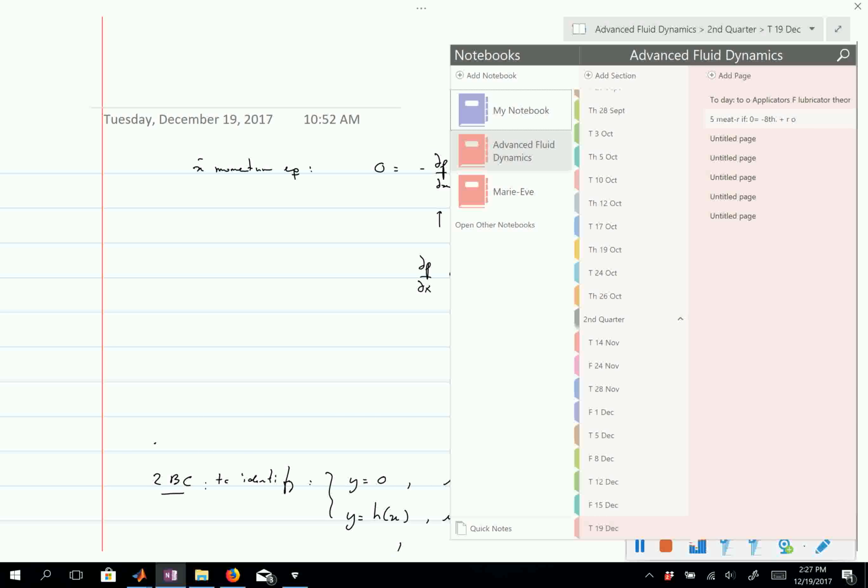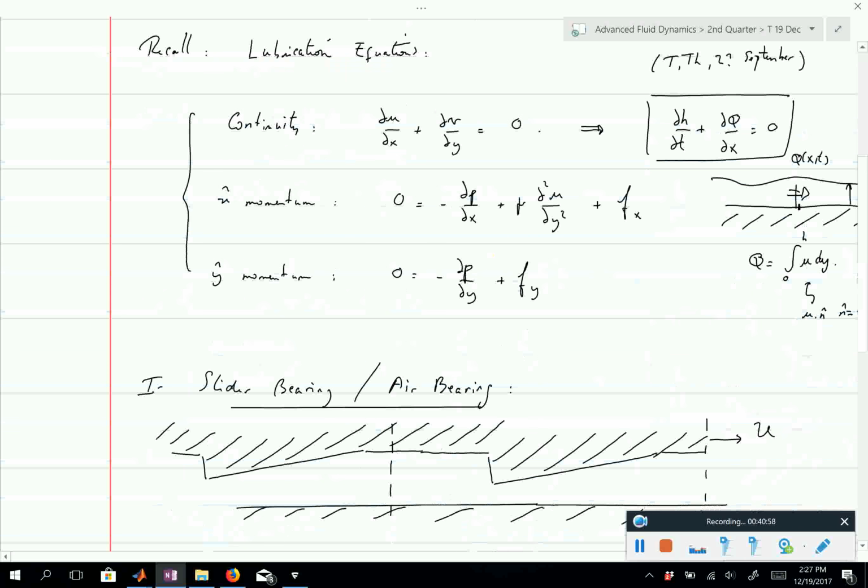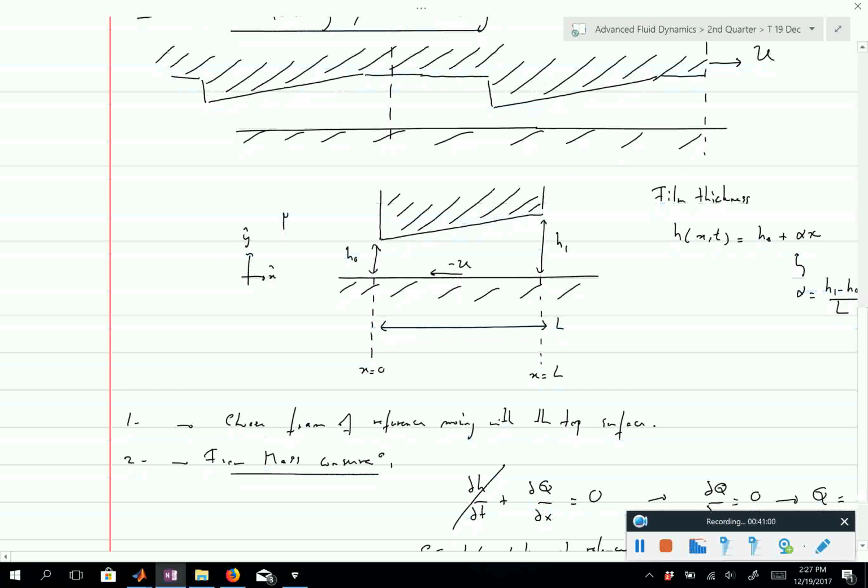From our physical problem, if I assume that I had pressure P naught here, what is the pressure here? P0. In all of our chambers, everything is repeated.